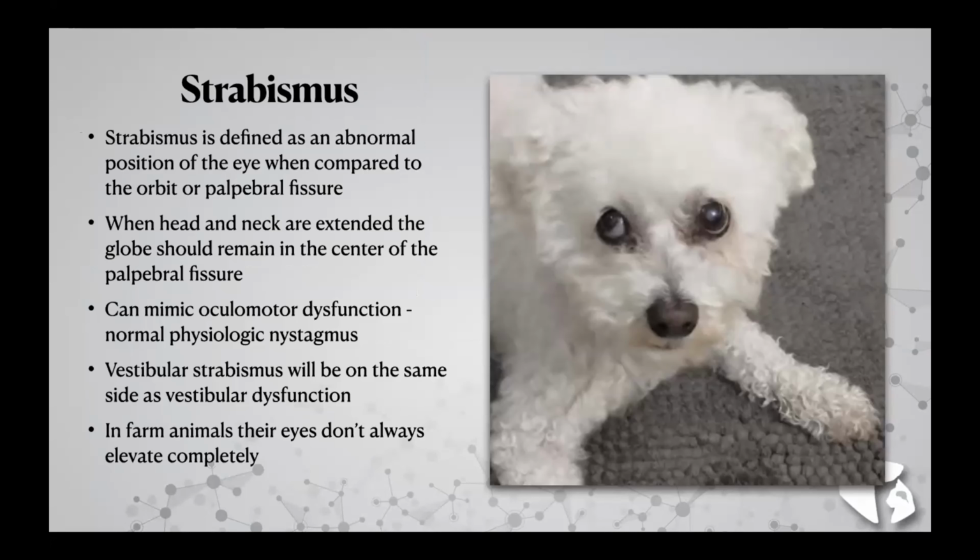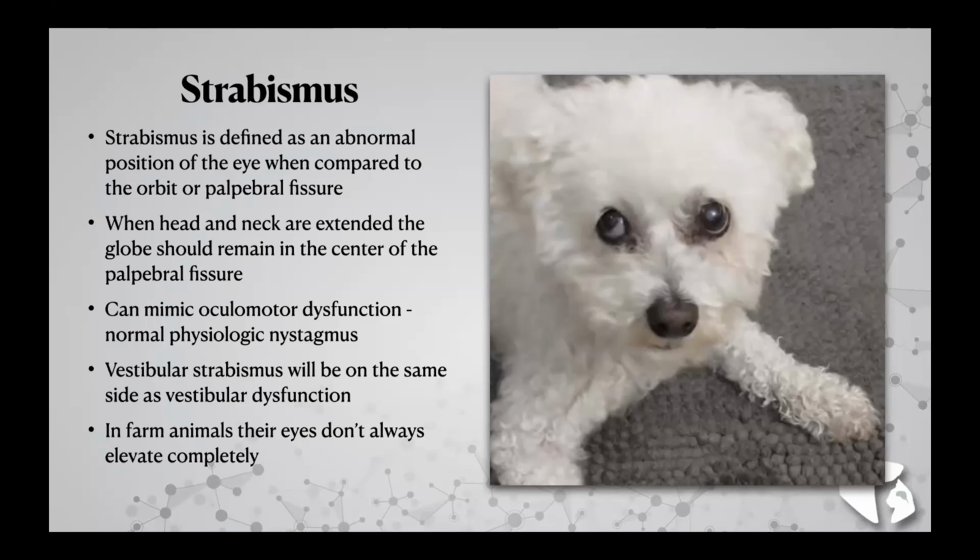Now, there is a slight species differentiation between large and small animals, because if you lift the head of a horse or a cow, we don't expect their eyes to remain perfectly centered. So you can have a little bit of ventral displacement of the eyes, so it can look like a ventral strabismus. However, that is a normal variation for large animals that's not present in small animals.